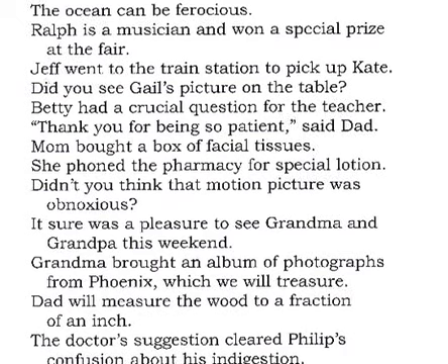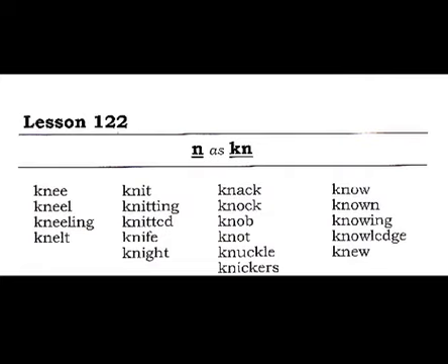In Lesson 122, we take up the N consonant sound, as spelled KN, as in such words as knee, K-N-E-E, kneel, K-N-E-E-L, knit, K-N-I-T, knife, K-N-I-F-E, knack, K-N-A-C-K, knock, K-N-O-C-K, as a knock on the door, knob, the doorknob, K-N-O-B, knuckle, K-N-U-C-K-L-E, know, K-N-O, known, K-N-O-W-N, knowledge, K-N-O-W-L-E-D-G-E.